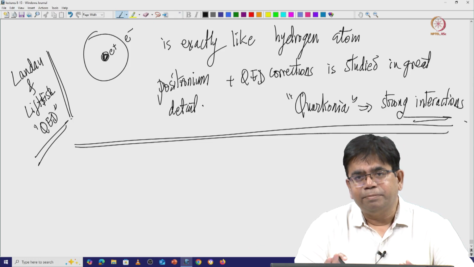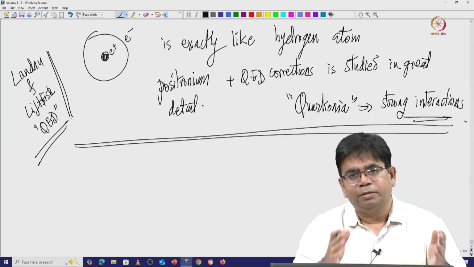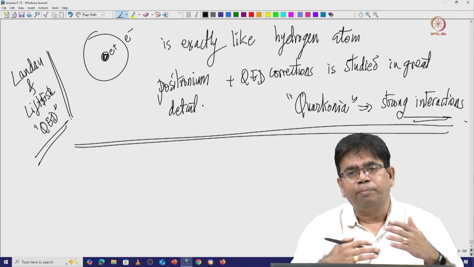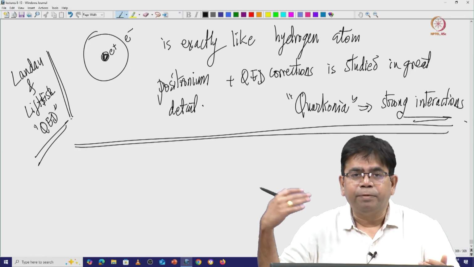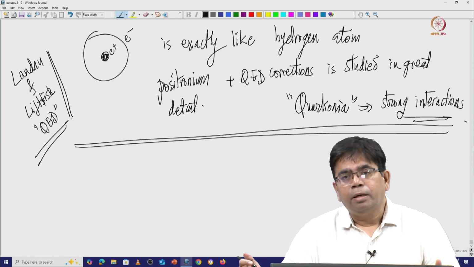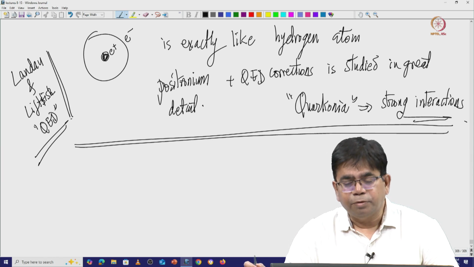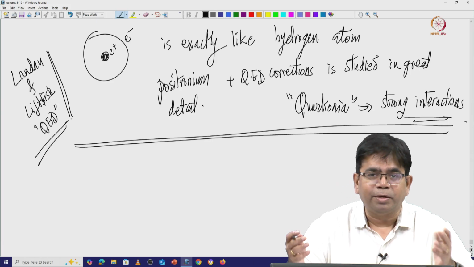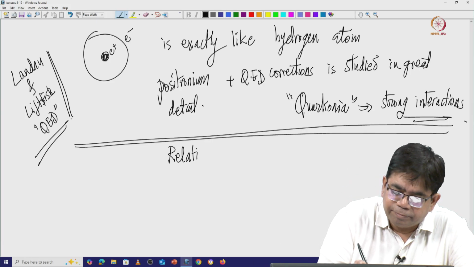But we will deal with them using non-relativistic quantum mechanics. We will map this entire problem into a non-relativistic one and then compute relativistic corrections to it. One of the most famous examples is the relativistic corrections to the hydrogen atom.